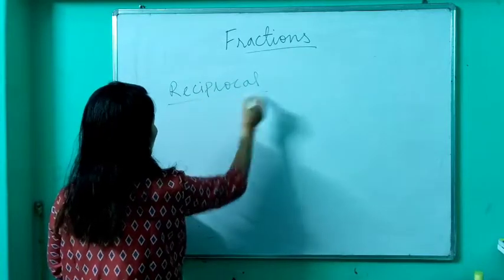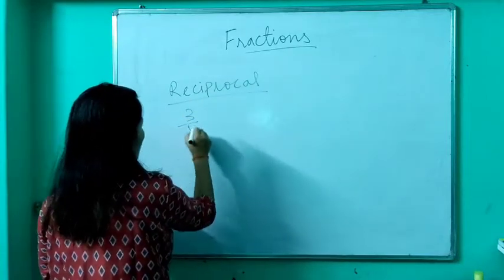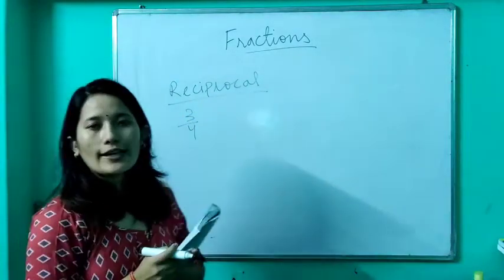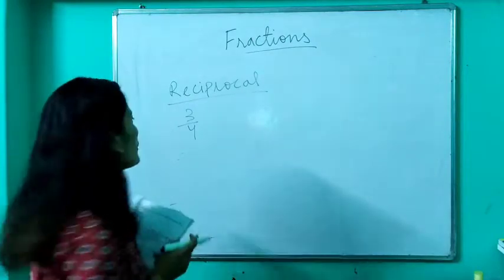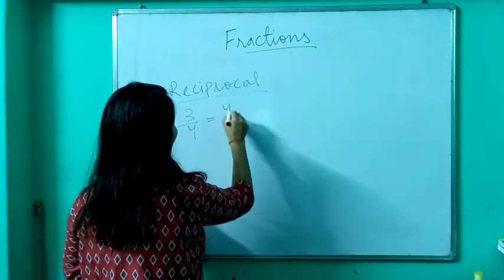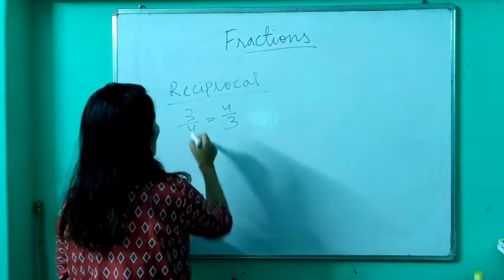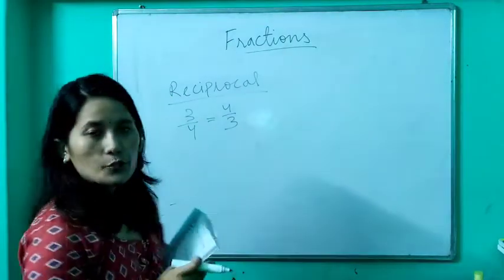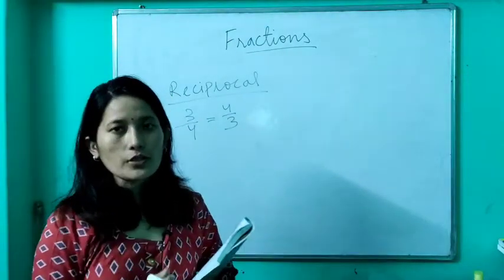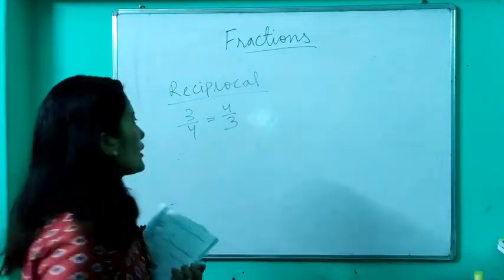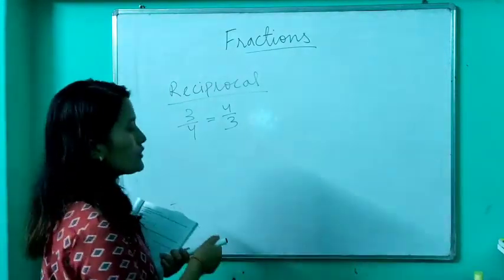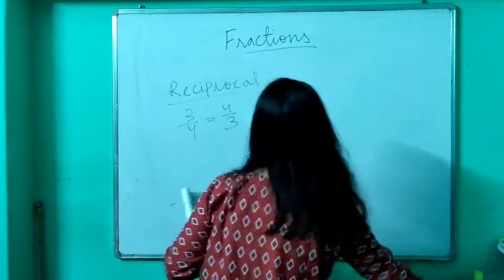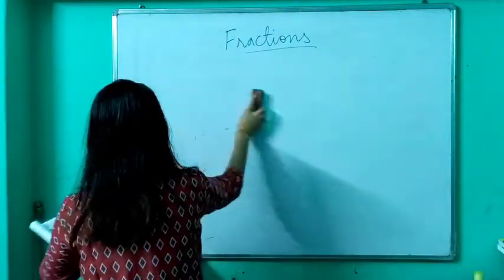If I give you the fraction 3 by 4, and if I ask you to write the reciprocal of 3 by 4, then your answer would be 4 by 3. That means your denominator will go into the numerator's place and numerator will come into the denominator's place. Before carrying out the division, you have to understand what is reciprocal.